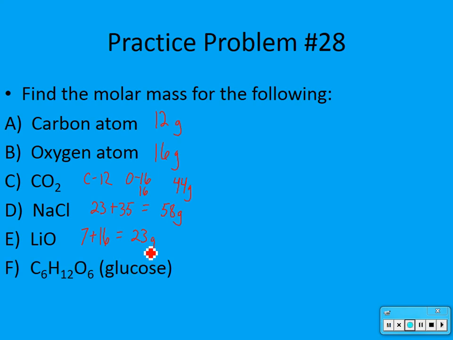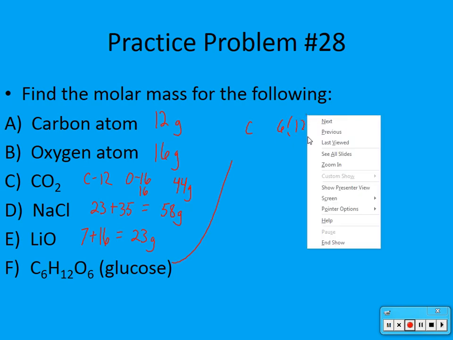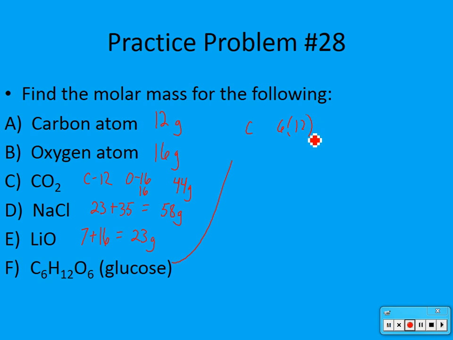And part F, this is a large molecule, glucose, C6H12O6. So I'm going to come up here and give myself some room. Carbon, we got 6 of them, and each carbon has a molar mass of 12. And so 6 times 12, just so I don't make any mistakes, is 72.